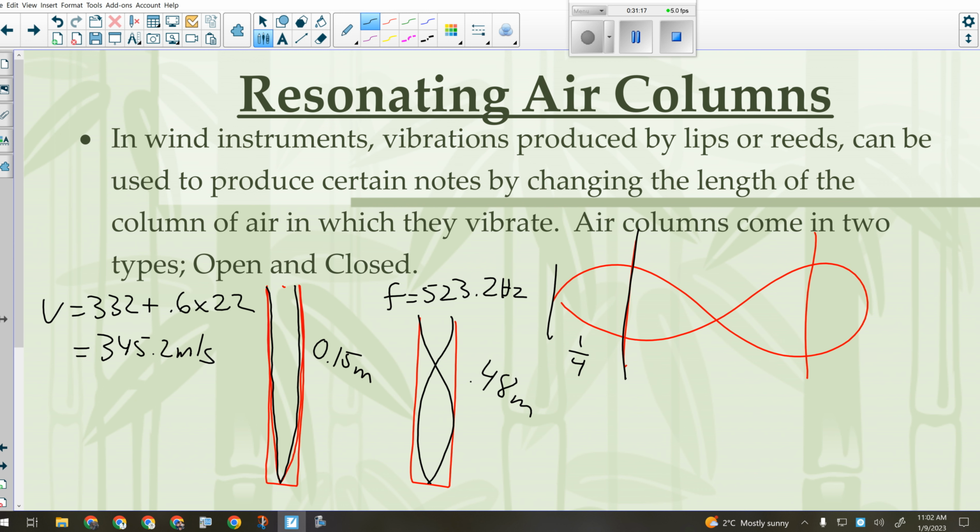So the next one should have 1 1/4 wavelengths in it, and that should happen at around 75, somewhere in there.